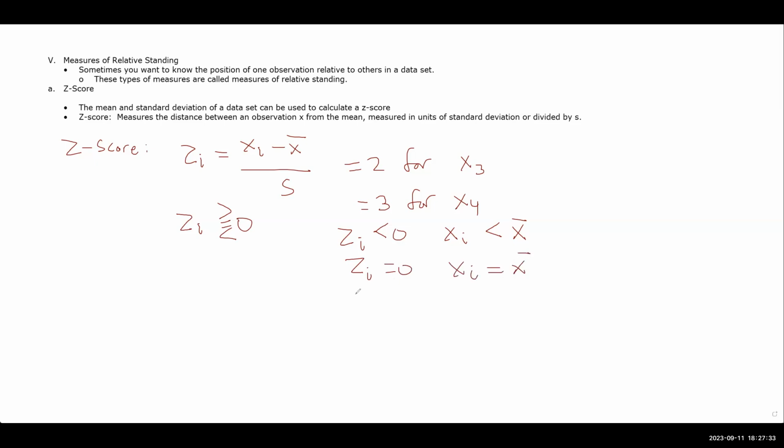It's right there at the mean. And lastly, if zi is greater than 0, then xi is greater than the mean. So in these two examples, these are positive. So x3 is 2 standard deviations bigger than the mean, and then x4 is 3 standard deviations bigger than the mean.